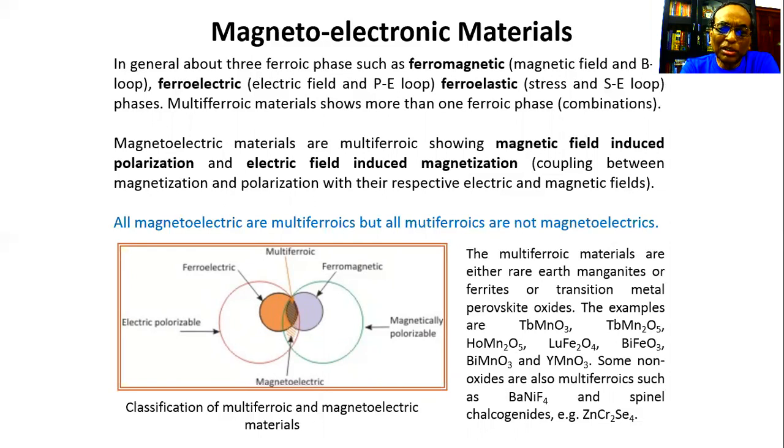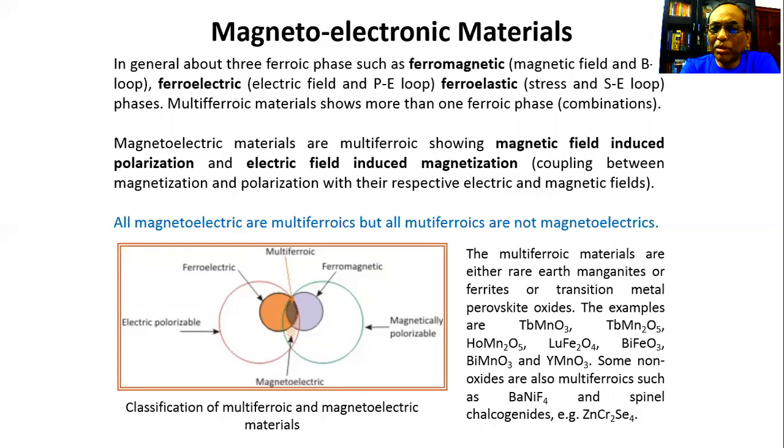So the common area is the multiferroic, and the finest common area is the magnetoelectric. All the properties are embedded in the multiferroics.